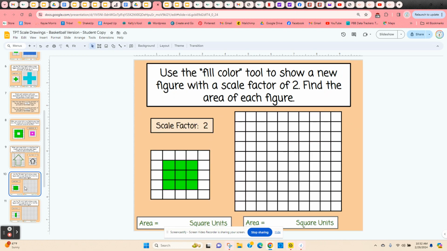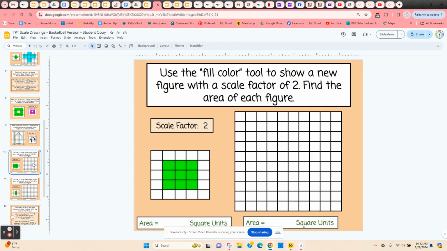The next thing we want to show the students is what happens to the area when we scale up or scale down. So here we have a 3 by 3. We're going to create a figure that's scaled up by a scale factor of 2, so it's now going to be 6 by 6.